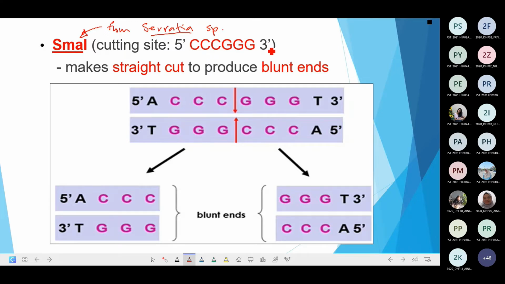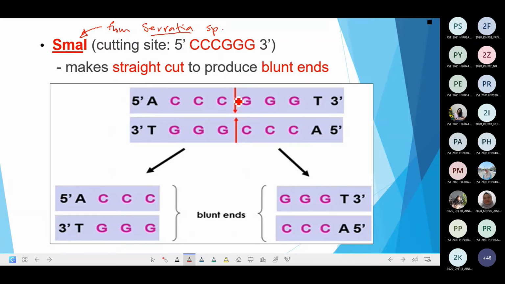The difference between the SmaI and the EcoRI is that this SmaI will do a straight cut, in the middle of the palindrome. The palindrome also consists of 6 bases of DNA.